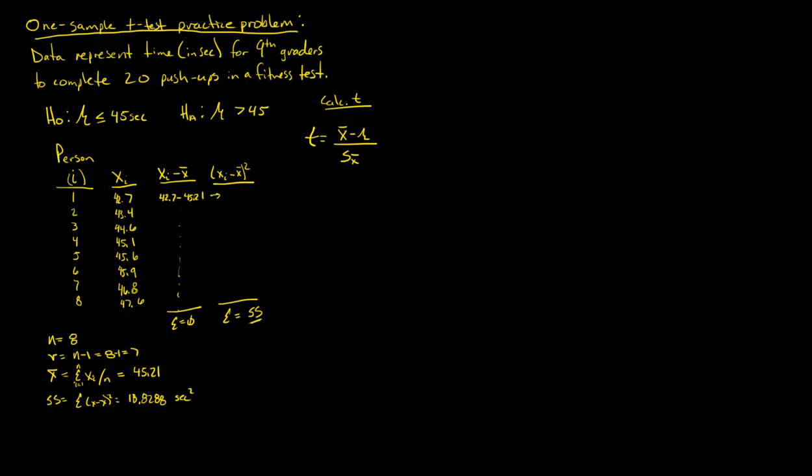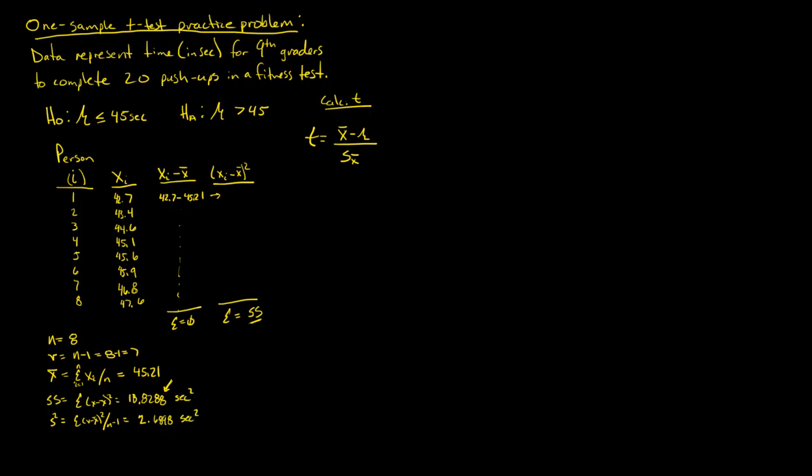And then, of course, to get the actual variance, it is the sum of the x minus x bar squared divided by n minus 1. It's taking an average of basically this value, right? You're dividing by n minus 1, the degrees of freedom, and you get 2.6898, and this is still in seconds squared.